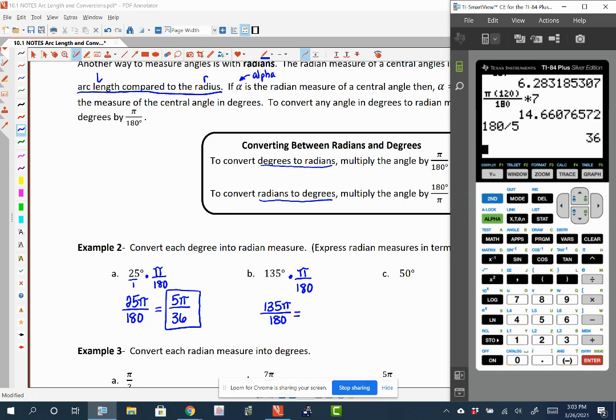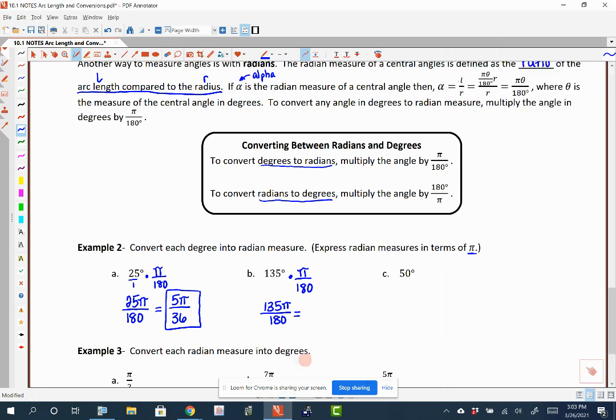Because they're bigger numbers, I put it into my fraction if I want to, leaving off my pi, and see if that simplifies. That simplifies to 3/4, which means if I leave my pi with my numerator, I end up with 3 pi over 4. 3 pi over 4 is the radian measure for 135 degrees.